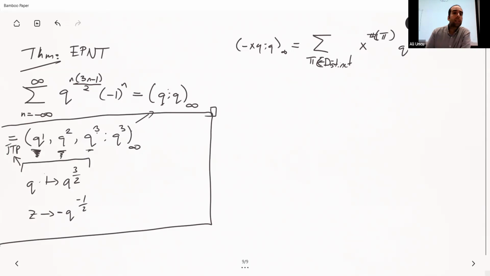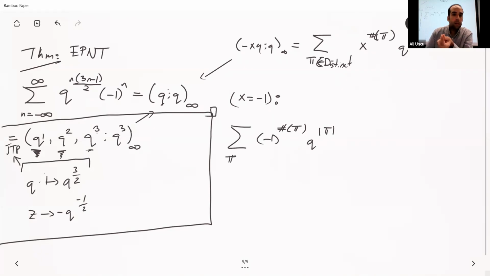If I were to plug in x being -1, which is essentially what I'm doing here, this would turn this right-hand side into the generating function with a weight. So I will have a -1 to the number of parts times q to the size.